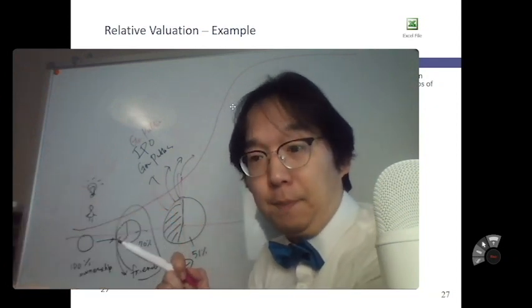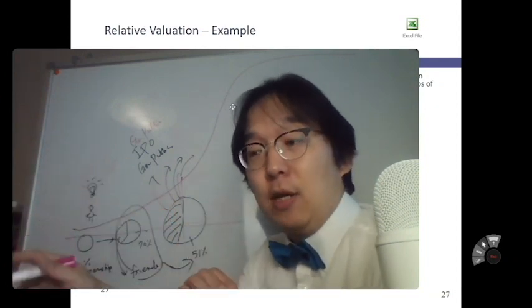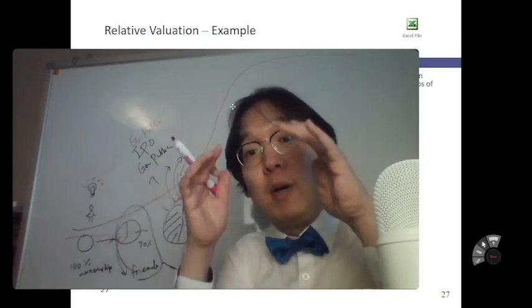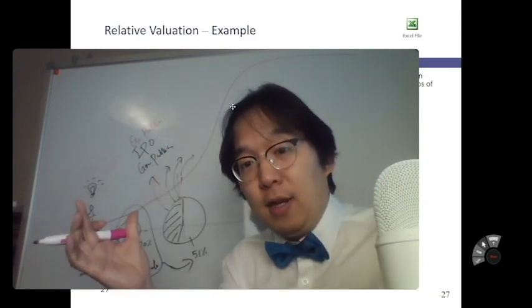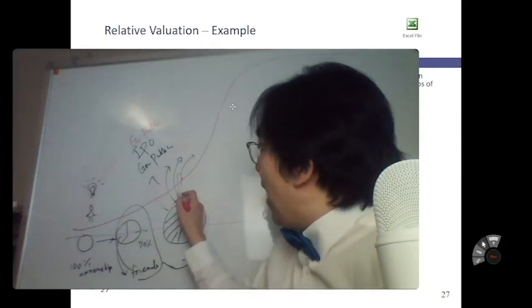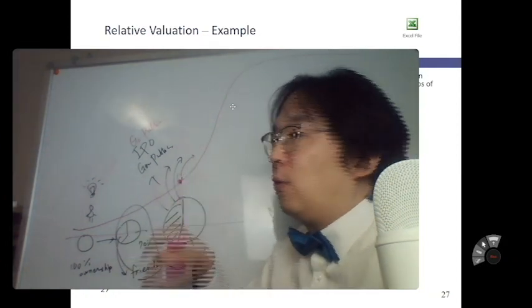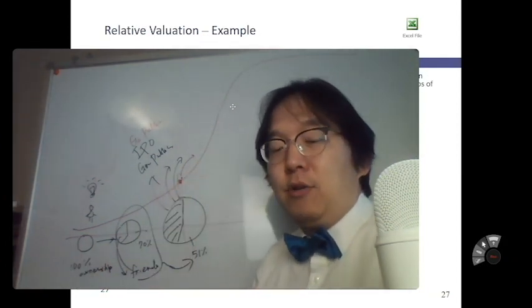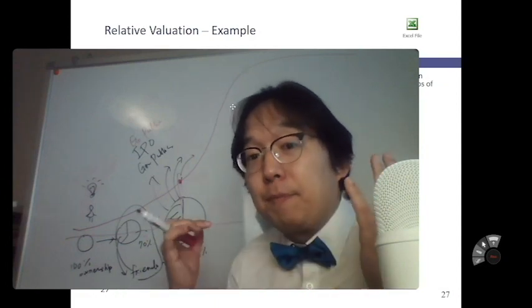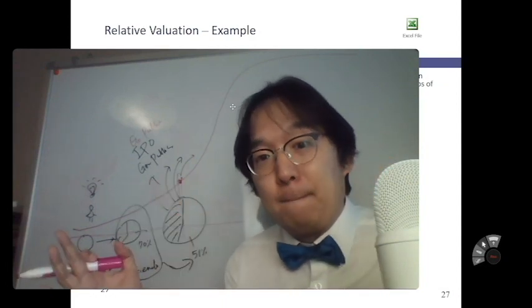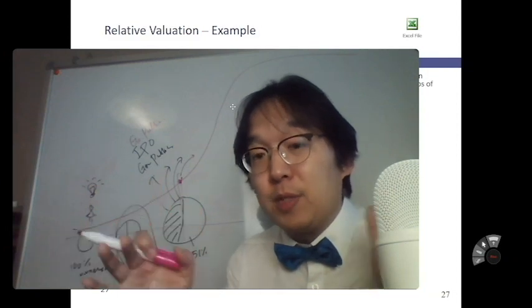So that transaction price will be observable to the general public. But at this point of going public, you don't have the price information precisely.